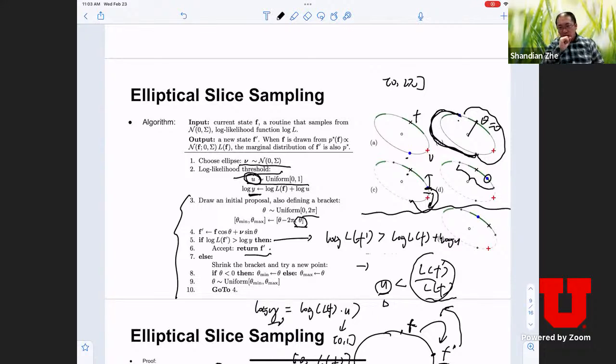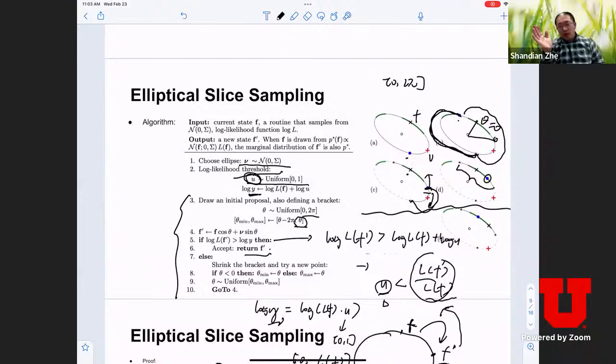Is that true? Yes, if theta is bigger than 0, that means your new proposal f prime will be on the right.